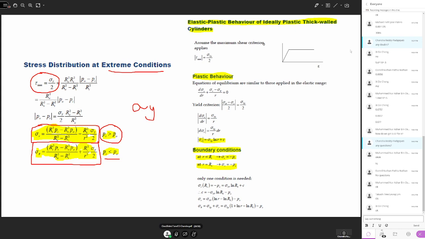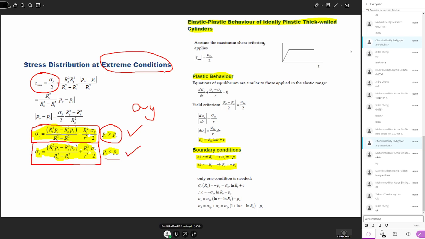So what we are doing is looking under different extreme conditions at how the radial stress and tangential stress vary within the thick wall cylinder, when the inner pressure is greater than the outer pressure and when it is less than the outer pressure.